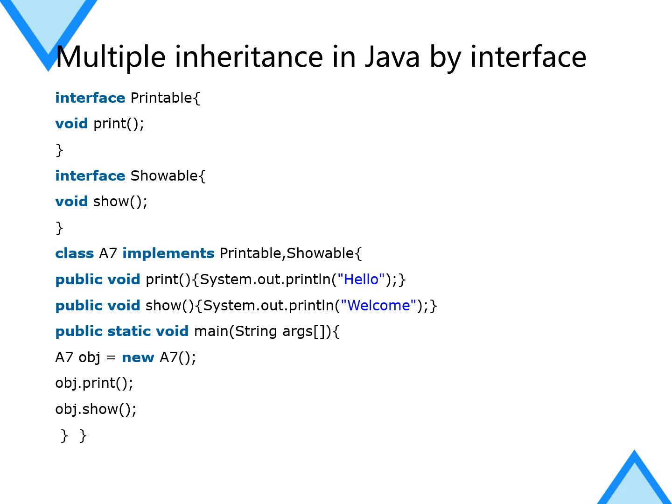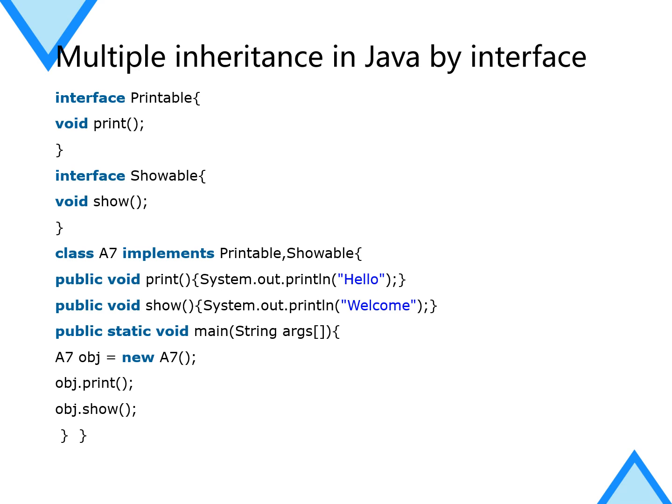In the implementation of print we show the message hello, while in the implementation of show, which belongs to the Showable interface, we print the message welcome.